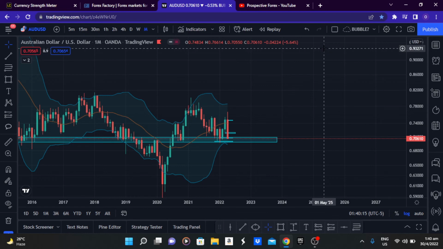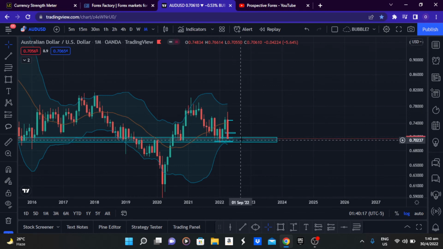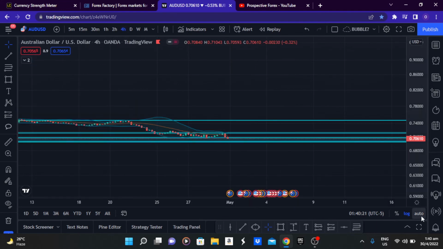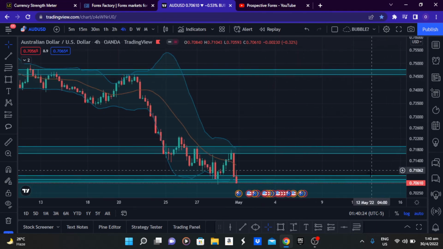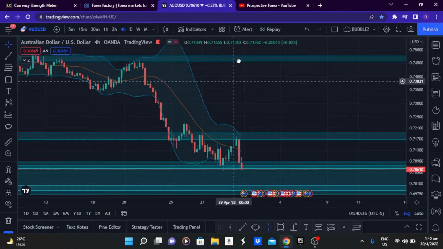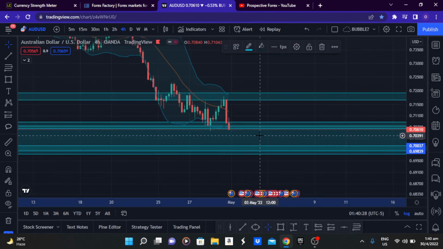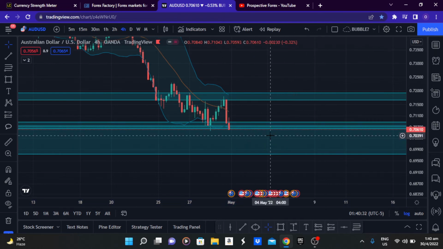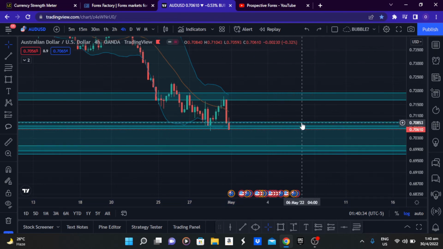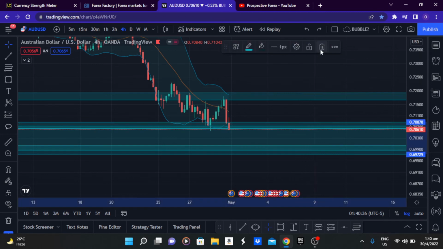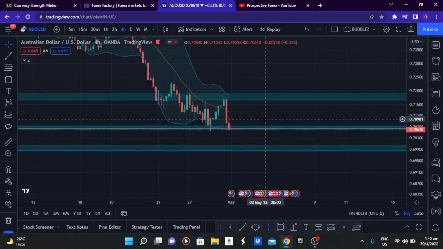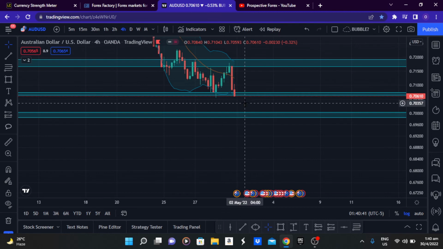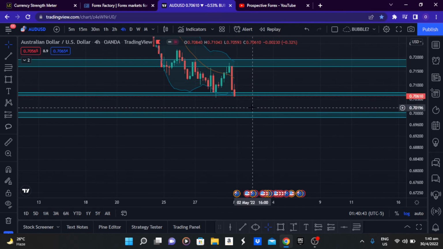But basically for now, I'm just watching the retracement. There should be a retracement here. Let me just remove this. All right, so there should be a retracement or price break below this level.